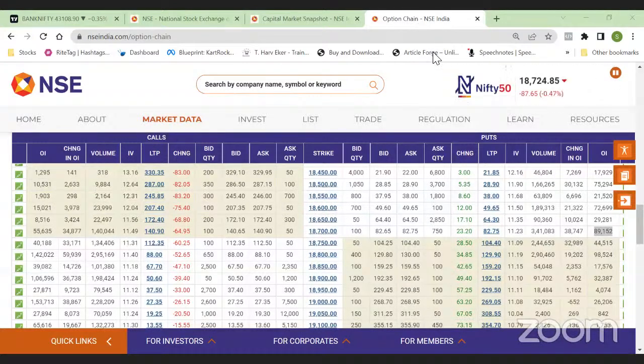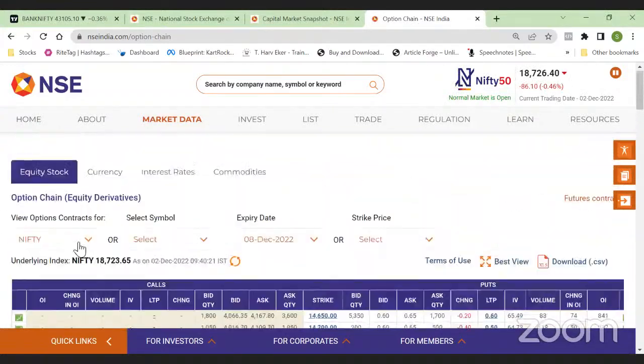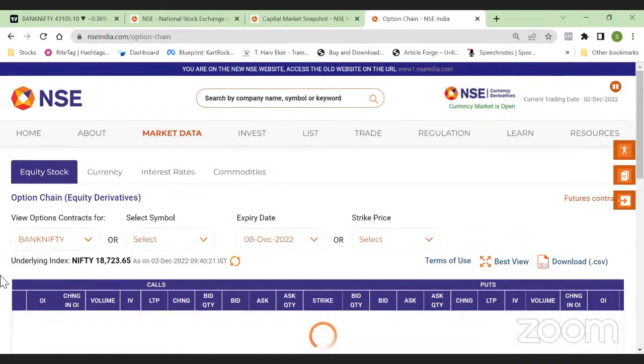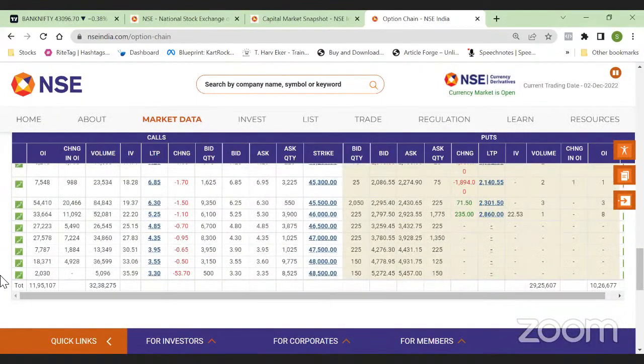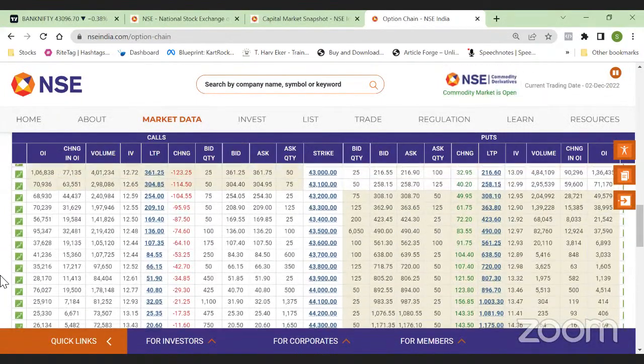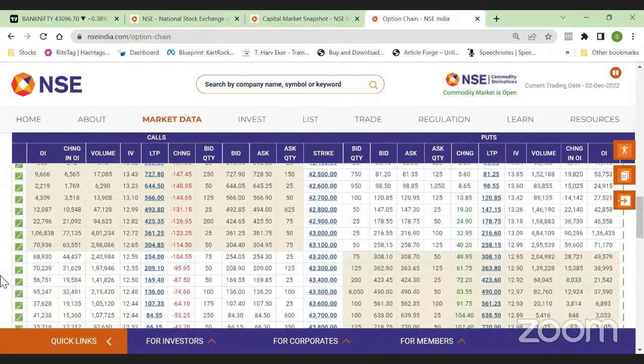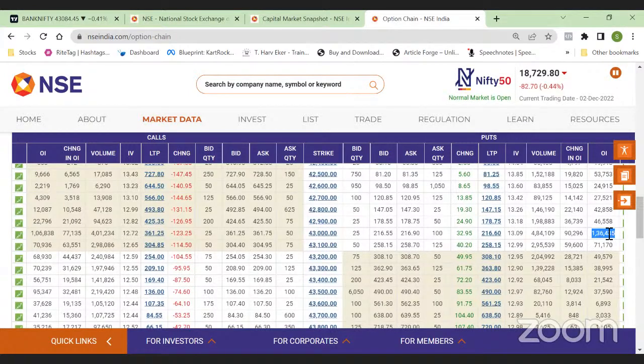And for Bank Nifty, Bank Nifty is also showing that PCR is less than 1. Okay. 43,000, if you see, still has the highest open interest. So that is acting as a stronger support currently.